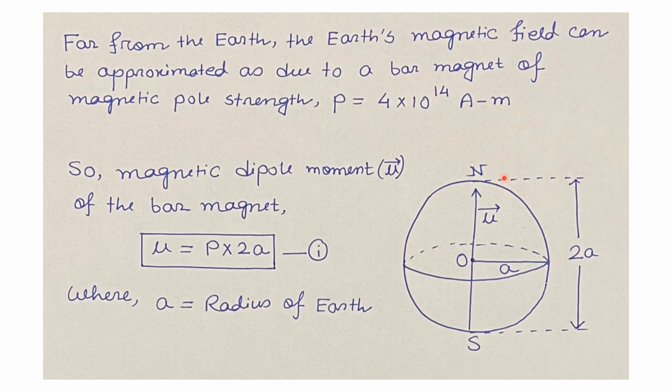The magnetic dipole moment is mu, and the length of the magnetic dipole is 2a. So the magnetic dipole moment mu vector of the bar magnet of Earth is given by mu equals p times 2a. So this is the relation between the magnetic dipole moment and the magnetic pole strength. Here a is the radius of Earth.